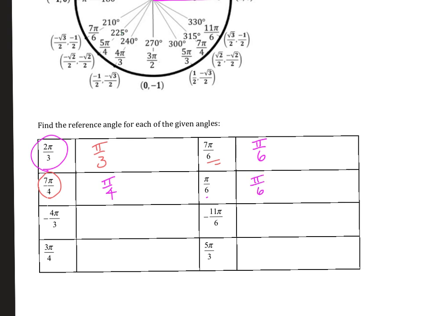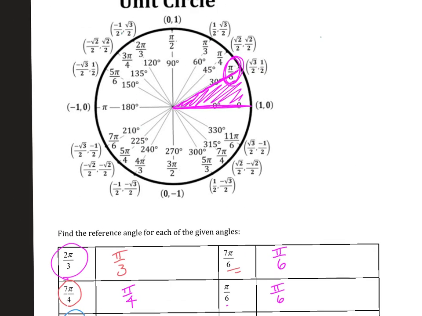Okay, now let's try one of these that's negative. Let's do negative 4 pi over 3. If positive, I've got to think this through. Positive 4 pi over 3 is here, which means I had to go through 2 quadrants plus a little bit more. So let me do that in the opposite direction. 2 quadrants and a little bit more. So it's this line, this is the line that I need, and I need an acute angle made with the x-axis.